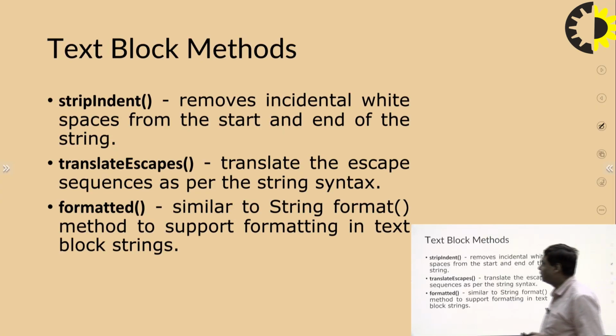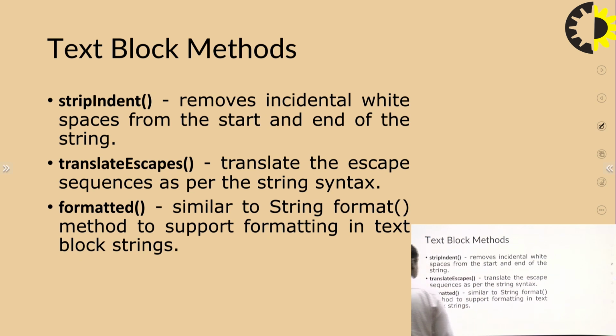Now there are some methods specifically for text block strings, like strip indent. It will remove incidental white space from the start and end of the string. Then translate escapes.